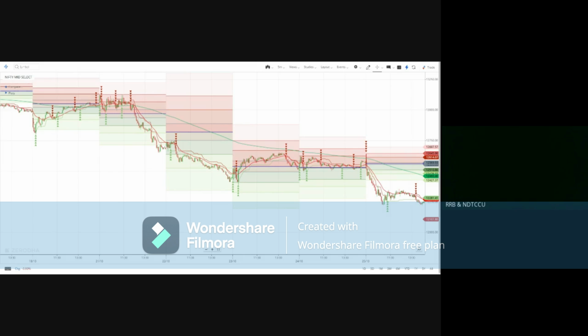Ideal capital for option buying, as we don't have much capital: for zero day to expiry, even 50,000. Sometimes even 30,000, 40,000, I made double. But ideal capital, I don't know.